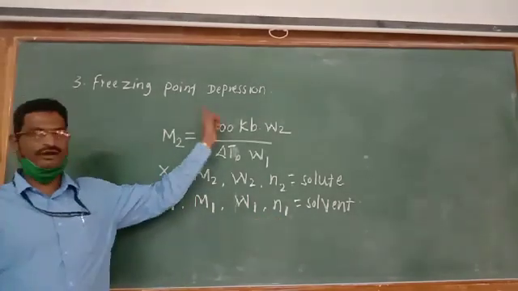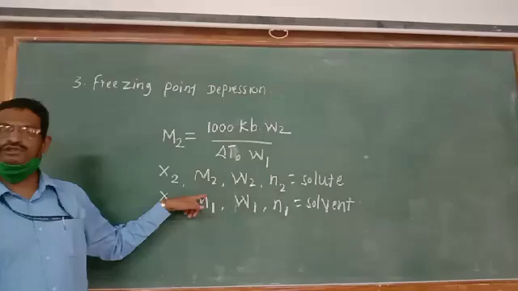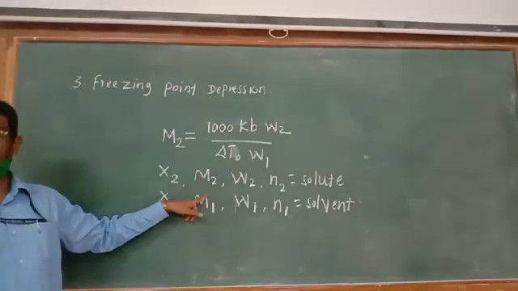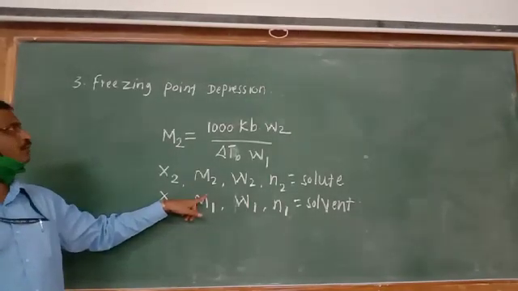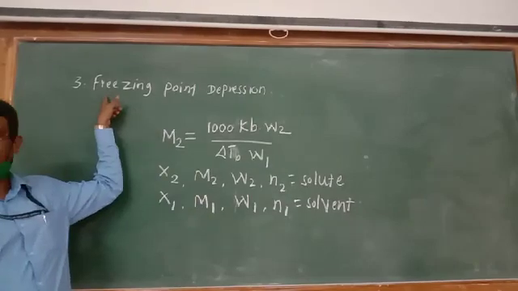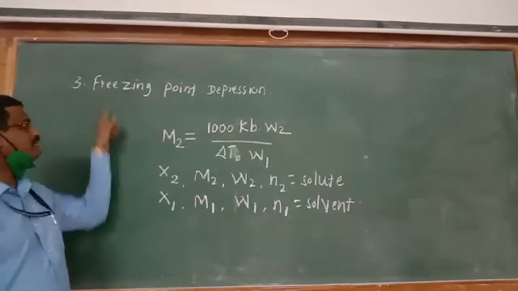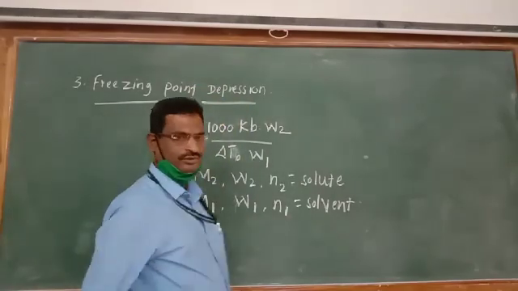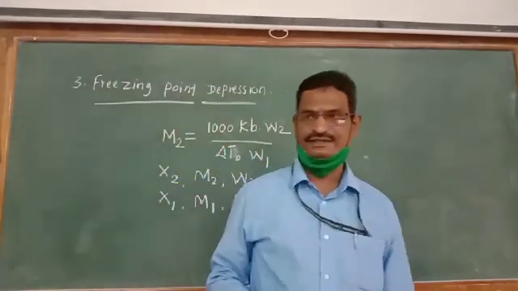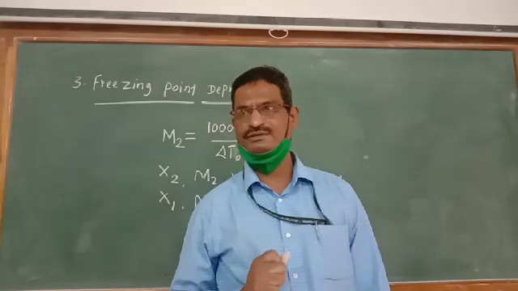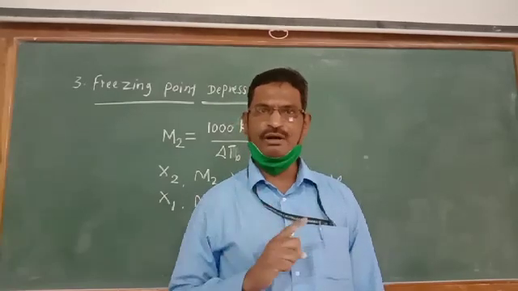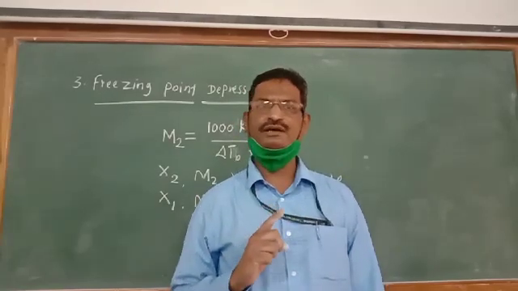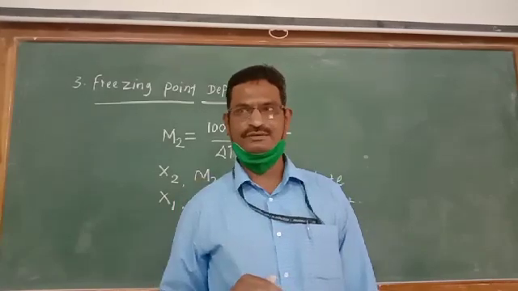So this is what we have completed in our fourth video of the chapter Solutions. And now we are starting with the third colligative property, that is freezing point depression. Here also we have to study the same sequence of points. First of all, what is meant by freezing point.